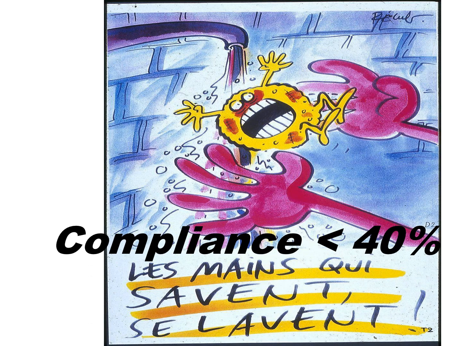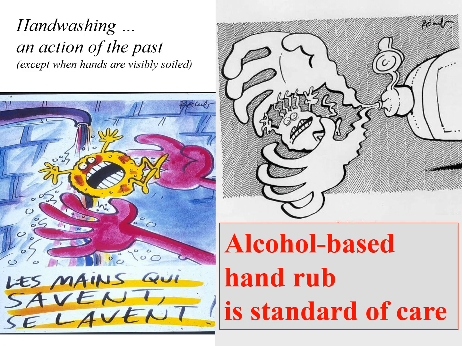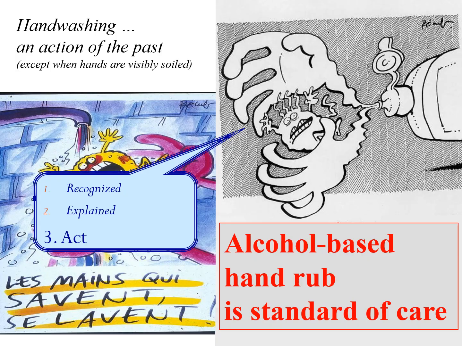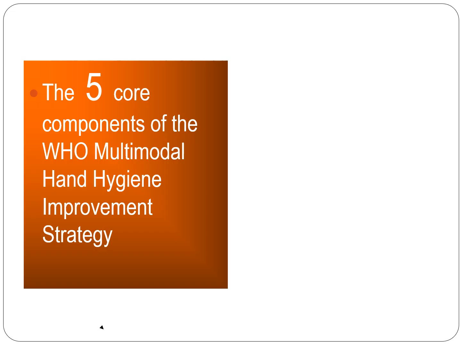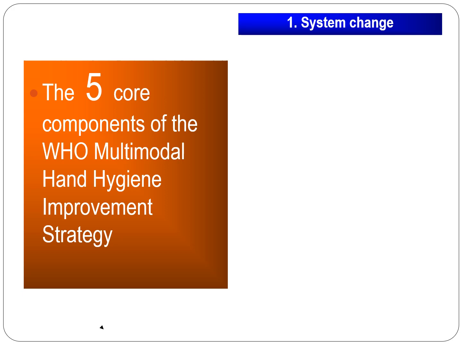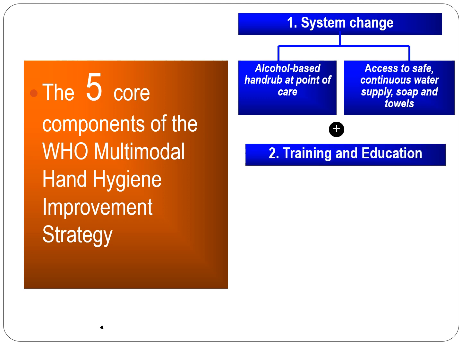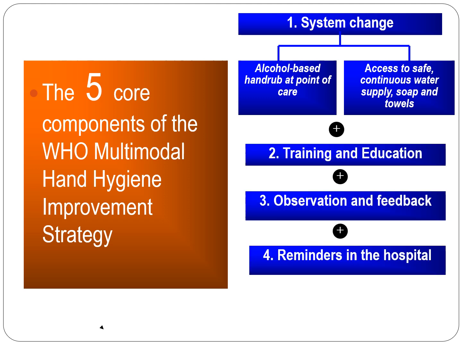Compliance, however, is less than 40%, especially for hand hygiene, which is the single most effective measure against infection. The 5 core components of hand hygiene strategies include a system change for hand hygiene with alcohol-based hand rub at point of care and access to safe continuous water supply, soap and towels, training and education, observation, feedback, and reminders in the hospitals.